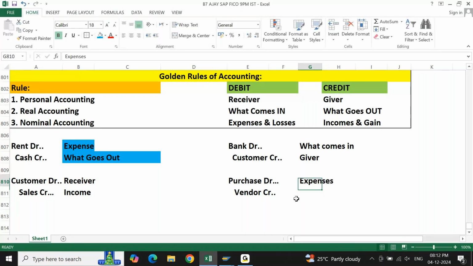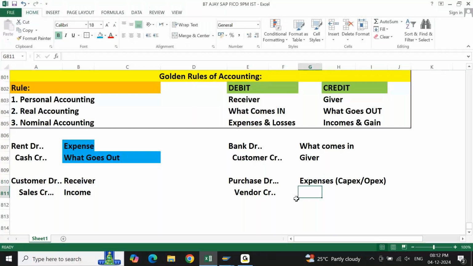Now, one point here, whenever you're talking about any expenses, there are two types of expenses. What are those two? Capital expenditure and revenue expenditure. Expenses: Capex and OPEX. Capital and revenue. You must know this, right?